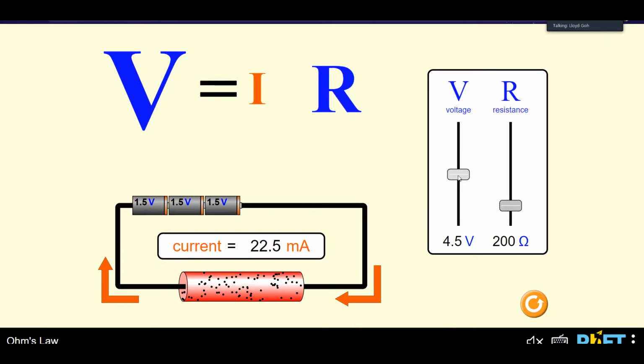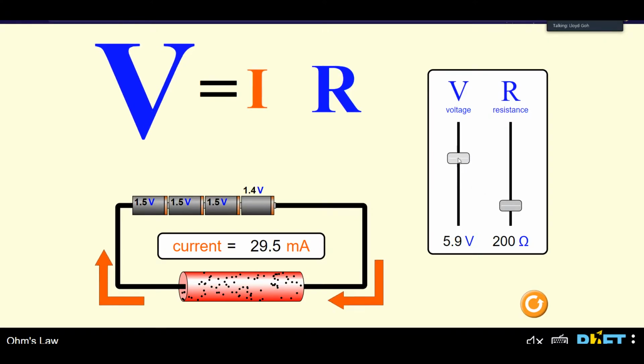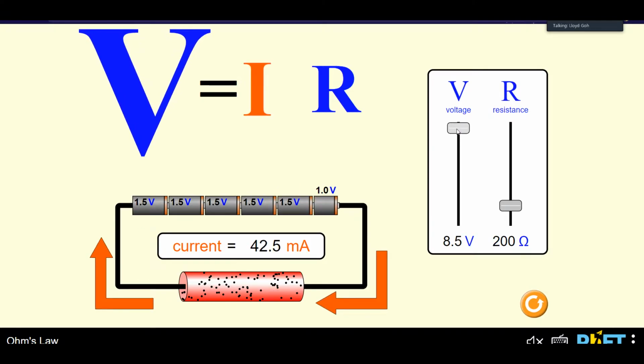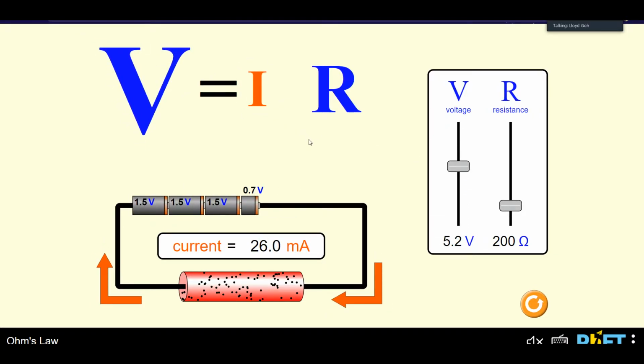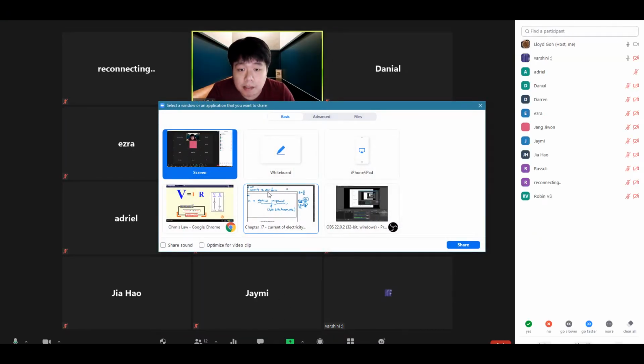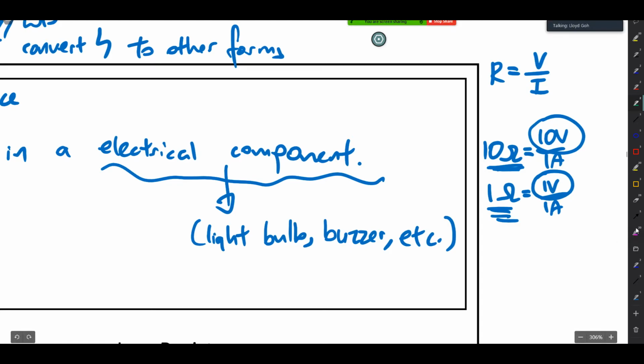However, if we increase the voltage, you'll realize my current will increase along with it. When I decrease the voltage, the current will decrease along with it, if I keep my resistance constant. So let's get back to the definition. Let me erase this numerical example for a while.